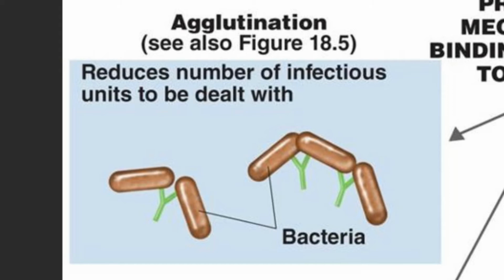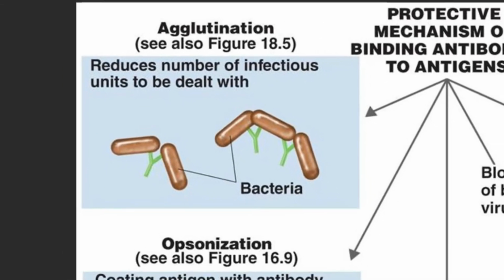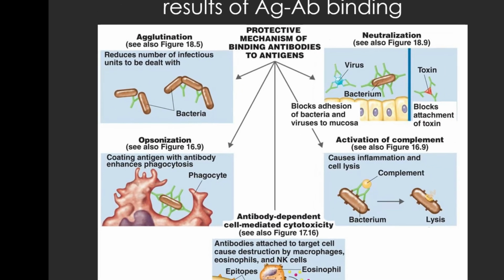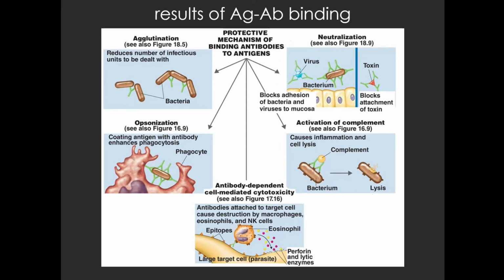So just the fact that the antibody can bind the antigen on the surface of those bacterial cells will inactivate them because it stops them from being able to get somewhere that they would like to go.